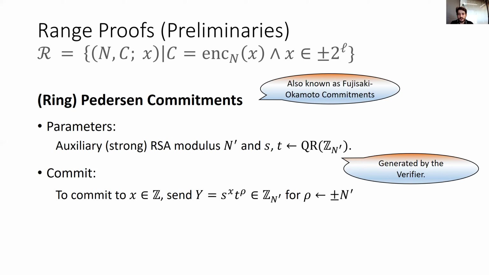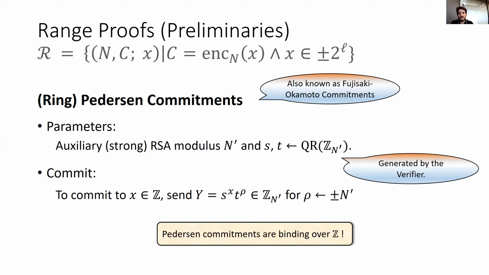To decommit, we simply reveal the secret and the randomizer. What's nice about these Pedersen commitments is that they are binding over the integers rather than over some finite structure, which makes them particularly suited for proving statements about range.